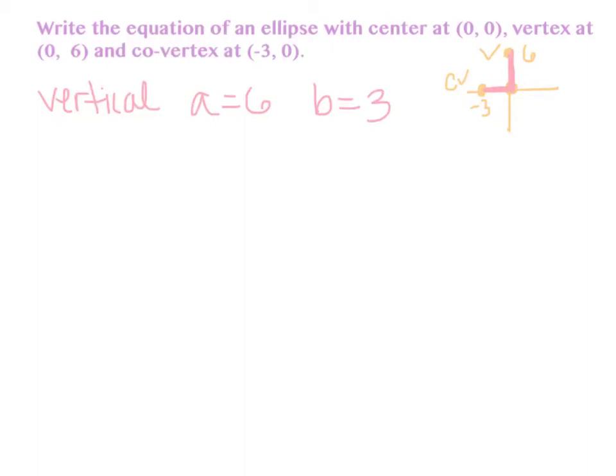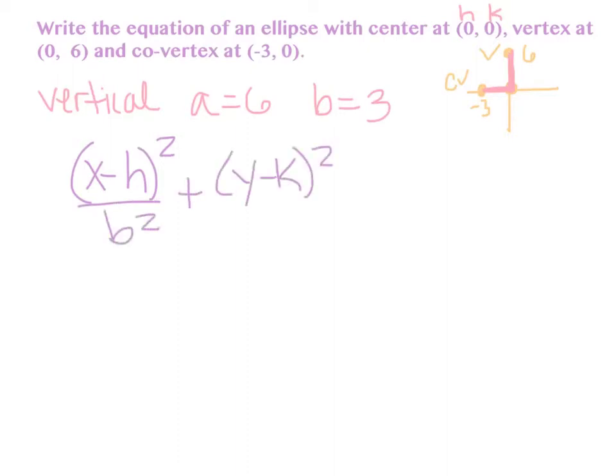And H and K are 0, 0, so we have all the letters we need to fill in the equation, which for a vertical is going to be x minus h squared over b squared plus y minus k squared over a squared equals 1. And we're just going to fill in.